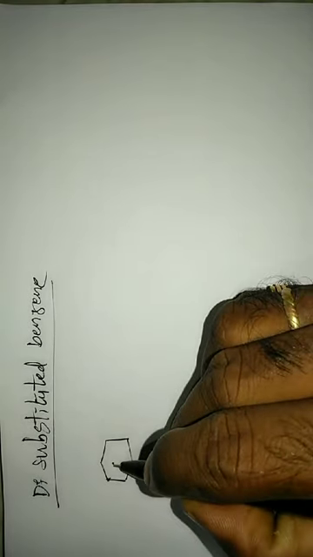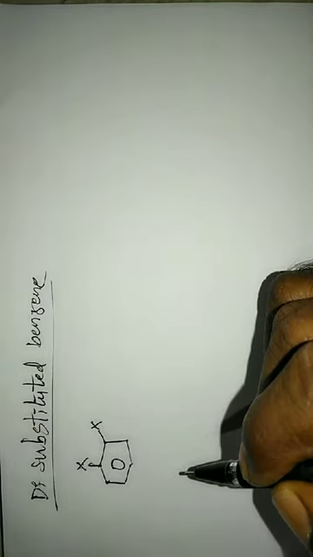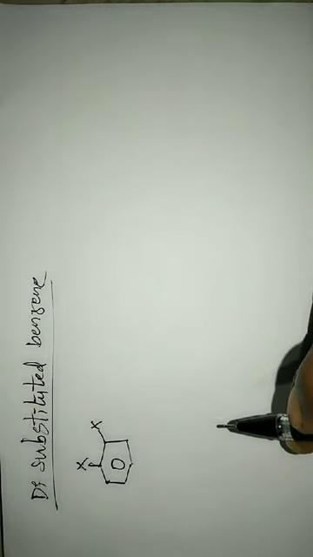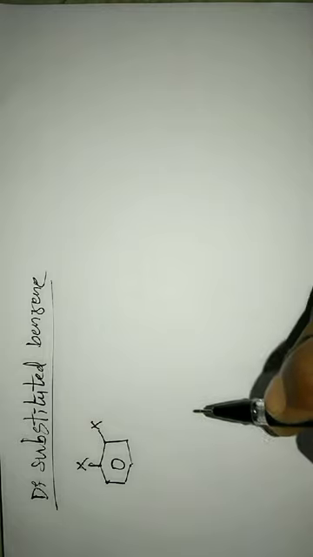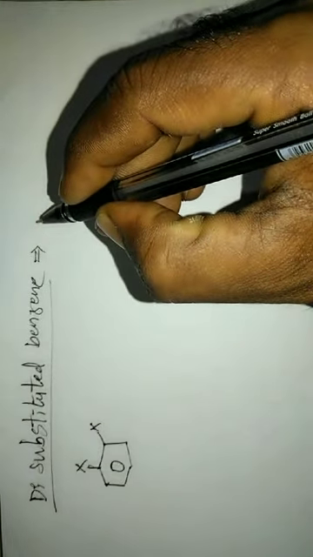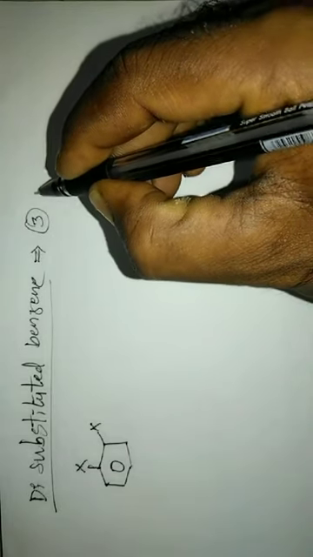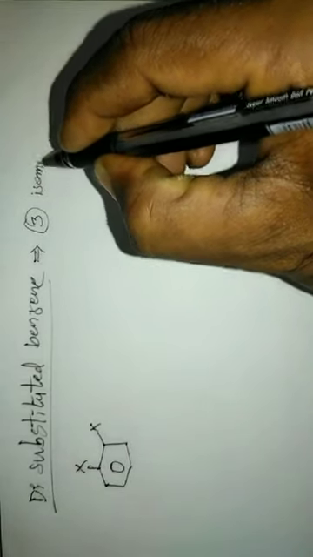Here the hydrogens are replaced with these two groups. This is a disubstituted benzene. Disubstituted benzene produces three isomers.